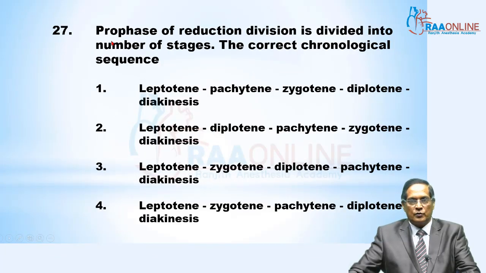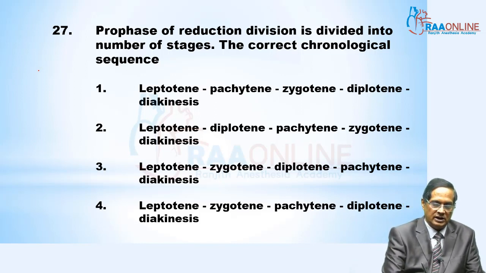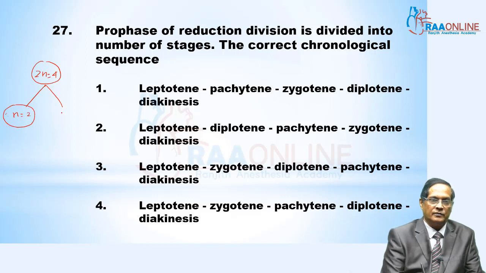27. Prophase of reduction division. Actually, in meiosis the cell divides twice. 2n equal to 4. In division 1, the number of chromosomes is reduced to half. This is first meiosis, and meiosis 1 is reductional.